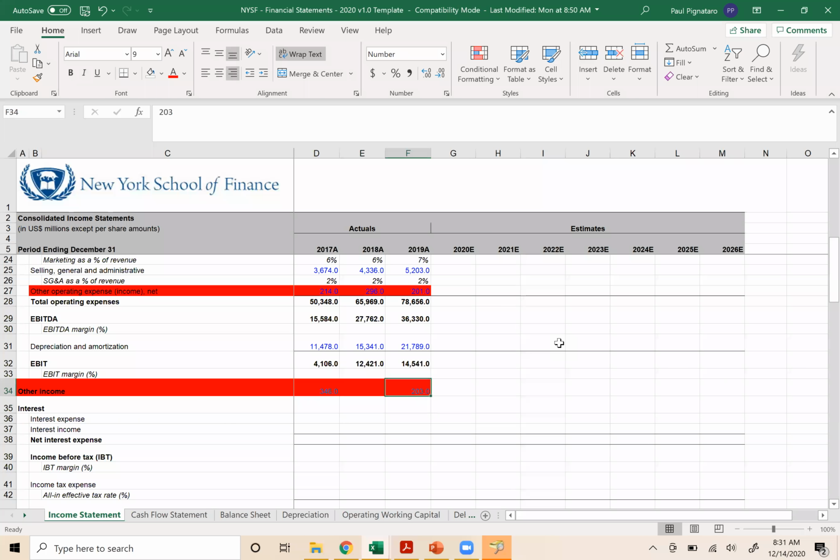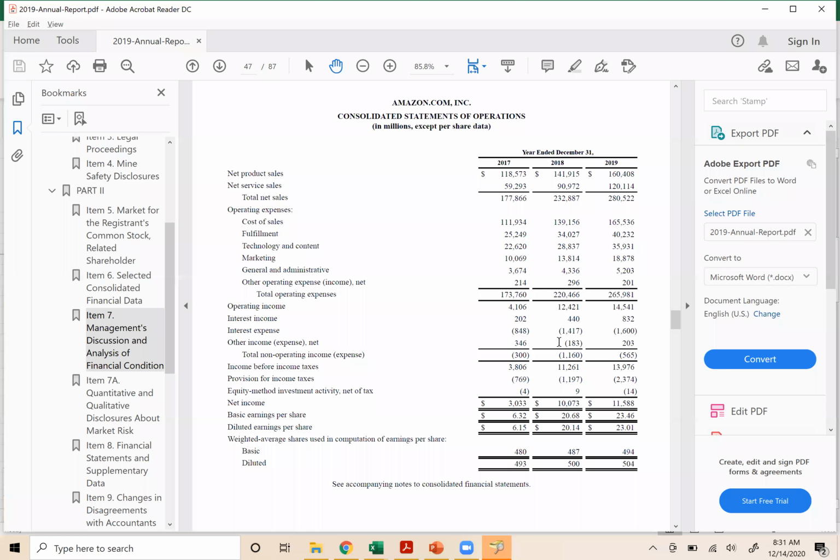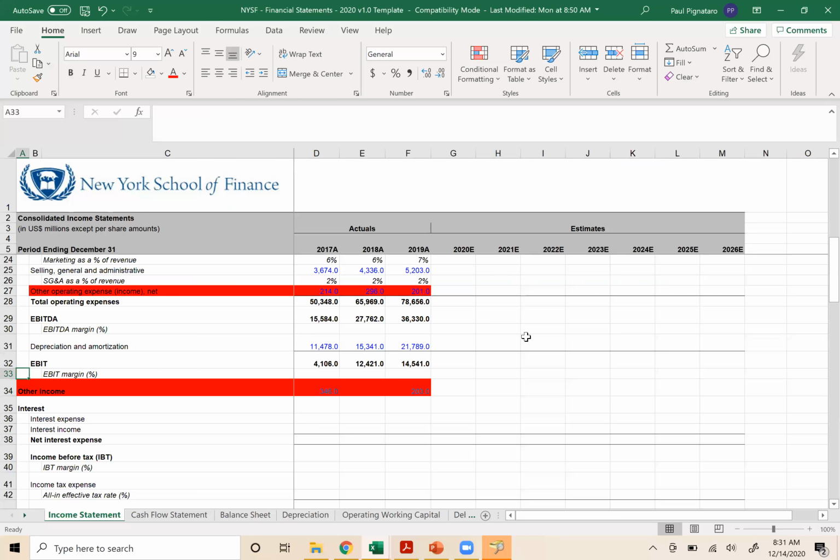I highlighted it red because we're going to talk a little bit more about this next week. The question on this is, where should it be? I put it above interest. They have it below interest. That doesn't matter. The real question is, should it be part of EBIT or EBITDA or not? Very important way to think about things. I want us to open up next class talking about that.